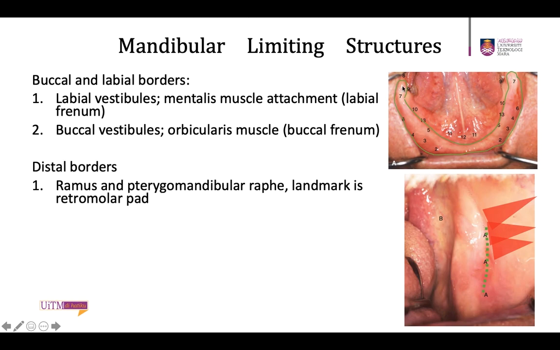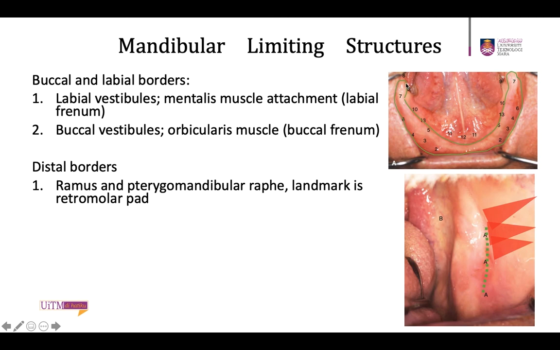For the distal borders of your denture, of course, you have your ramus up here, and the ramus is just distal to the retromolar pad. So the landmark that you have to always remember for the mandibular residual ridge is, of course, the retromolar pad. So this is your retromolar pad.